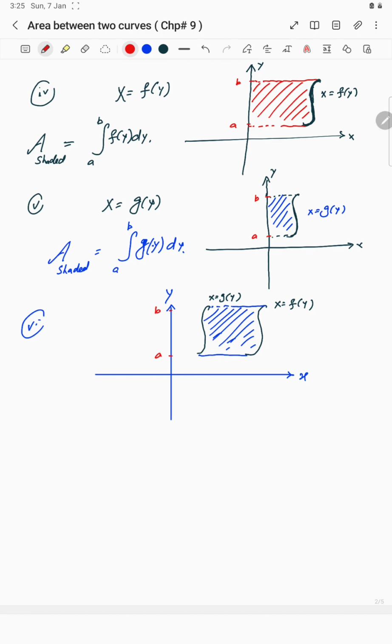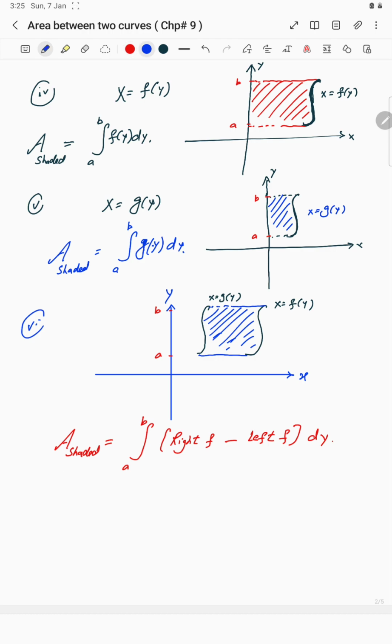Then here, the area required, the shaded region, will be the definite integral ranging from a to b of the right function minus the left function along the y-axis, d of y.